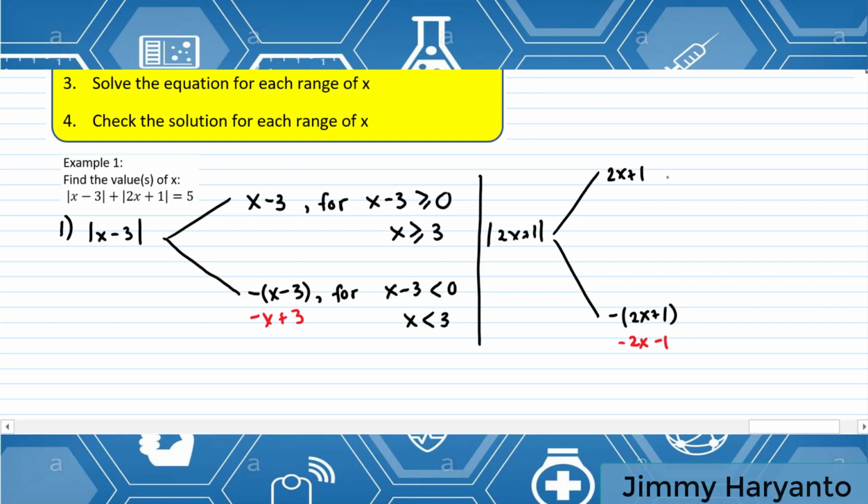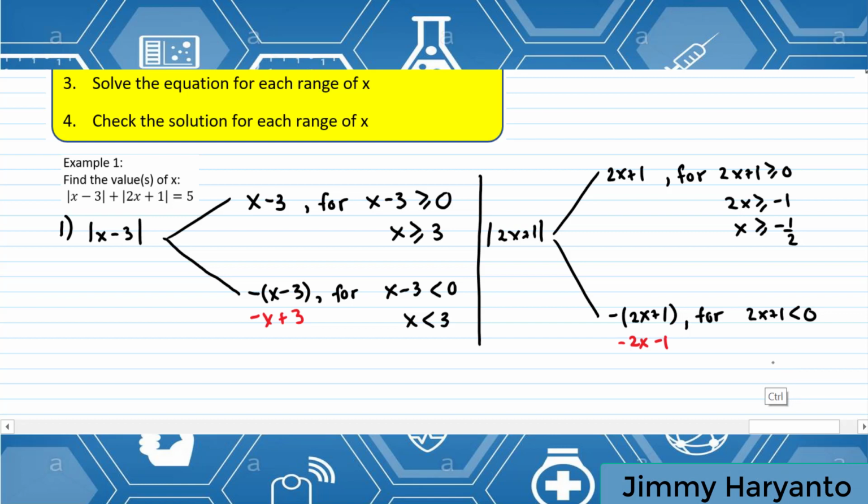This is for 2x plus 1 greater than or equal to 0. The first is always greater than or equal to 0. 2x greater than or equal to negative 1, so I have x greater than or equal to negative 1 over 2. For the second one, 2x plus 1 less than 0, 2x less than negative 1.